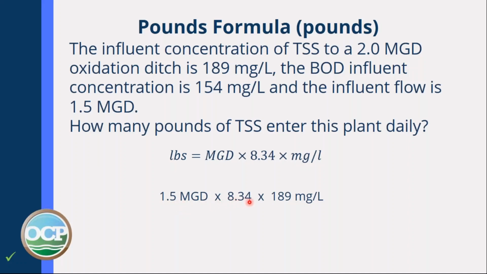Here's your 8.34, your pounds per 1 gallon of water, and we're looking at TSS, and the question tells us that the concentration of TSS is 189 milligrams per liter. And if we put all those numbers in our calculator and multiply them all together, we should get the answer of 2,364.4 pounds of total suspended solids.